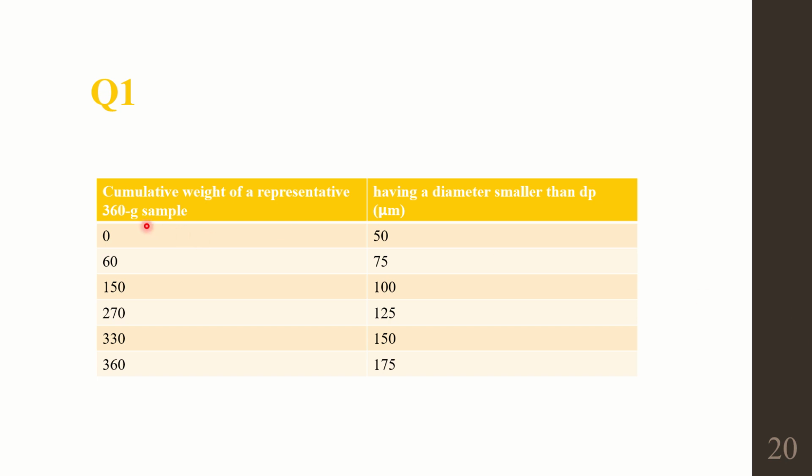Question 1: the cumulative weight of a representative 360 gram sample, having diameter smaller than dp, is given. 0 grams of particles are in the 50 micrometer range, between 0 and 60 grams it is 75 micrometer, and 150 minus 60, that is 90 grams of particles, are in the fraction of 100 micrometer size.